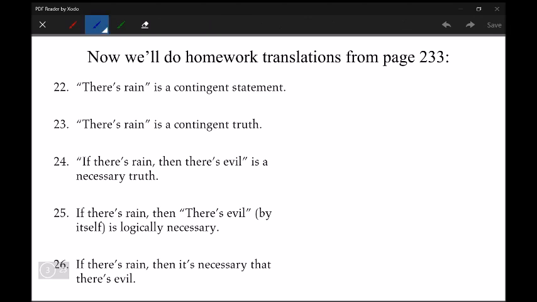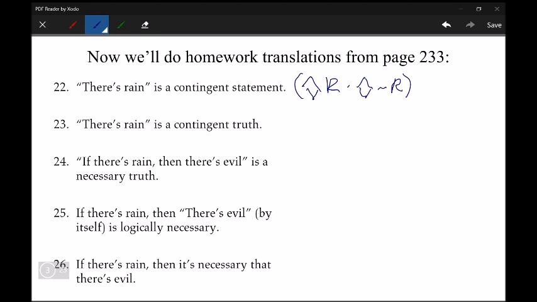There's rain is a contingent statement. It means that it could be that it's true and could be that it's false. It's possible either way. Now, if you say it's possible, you're saying it's true in some possible world. It could also be necessary. What's necessary is also possible, true in at least one possible world.